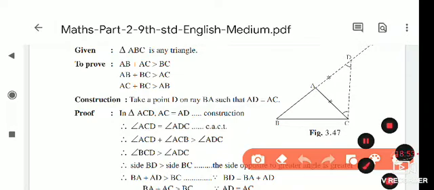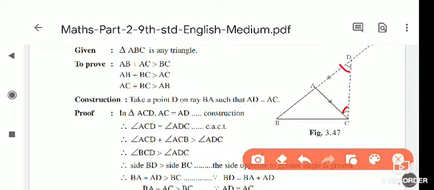Therefore angle ACD and angle ADC, these two angles are congruent. That is the isosceles triangle's property. Now in this triangle ACD, these angles are congruent.